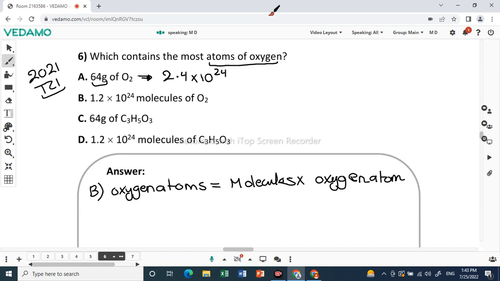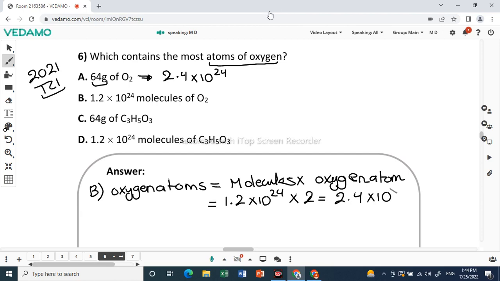So this is a very important rule to apply. So for the molecules, what do we have? We have 1.2 times 10 to the power of 24, and I'm going to multiply it by the oxygen atoms as a number, so it's a 2. In this situation, the final answer is 2.4 times 10 to the power of 24.